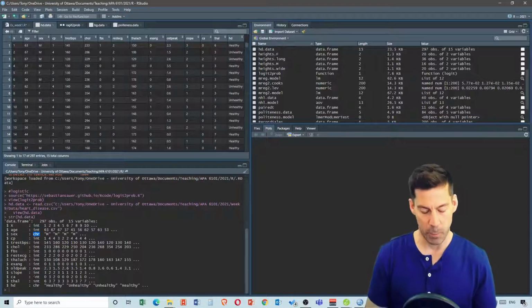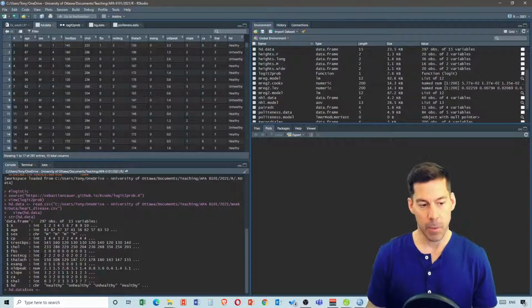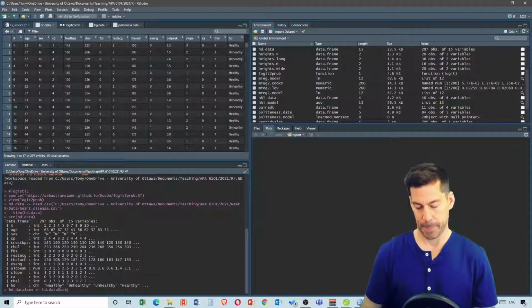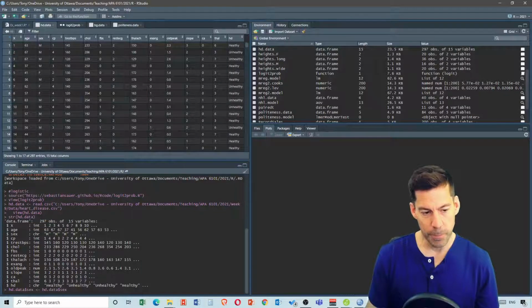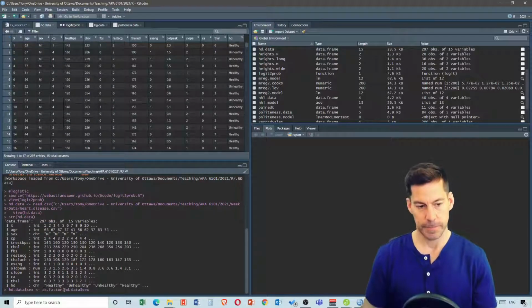And remember, the way we do that is we take hd.data, and I'm going to use column sex, and into that I'm going to put as.factor of hd.data$sex.